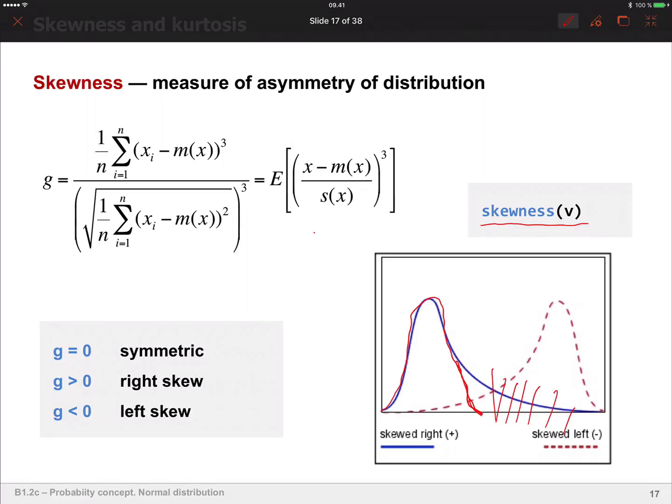But because this is the average, okay? But because we have this, it's called a heavy tail, so it means that the right tail is larger than the left tail. So you have some extremely large values on the right, they are larger than mu, and therefore the skewness will be positive in this case.